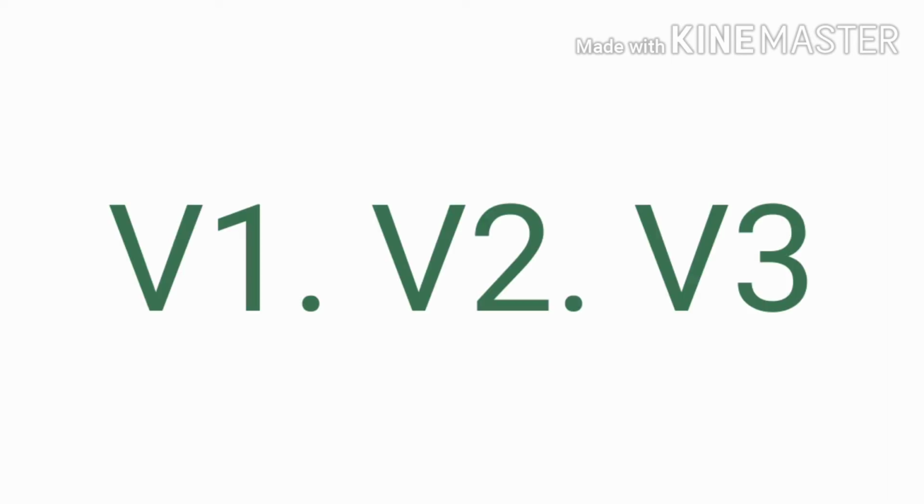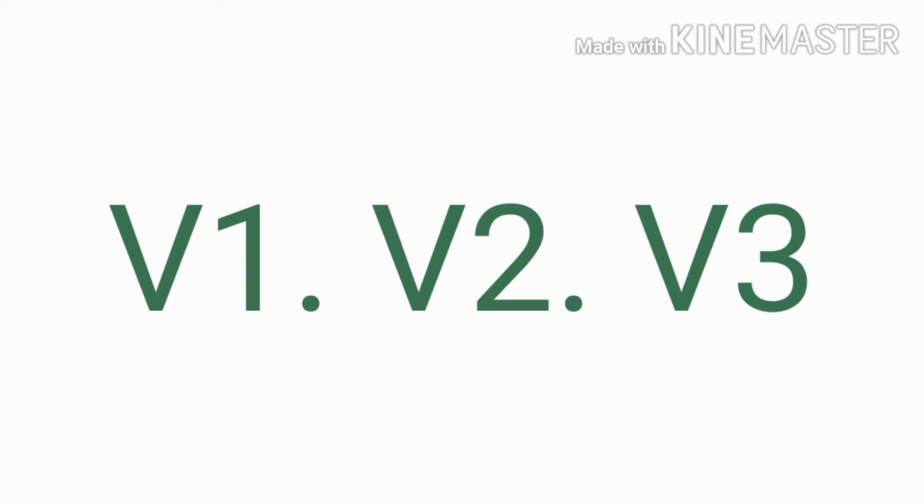We don't want to write so much, we'll just do it simple. The first form of verb is V1, the second form will be V2, and the third form will be V3.